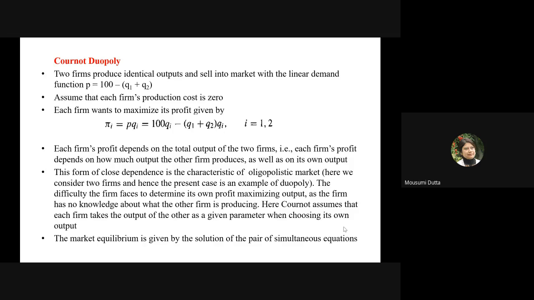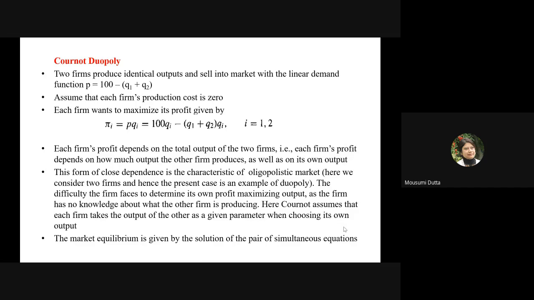It will not be a function of Q1 plus Q2. So it will be C of Q1 only or C of Q2 only. Later, when we bring the cost part in the numerical exercise, you will find that I am subtracting C1 in the case of firm 1 and subtracting C2 in the case of firm 2.